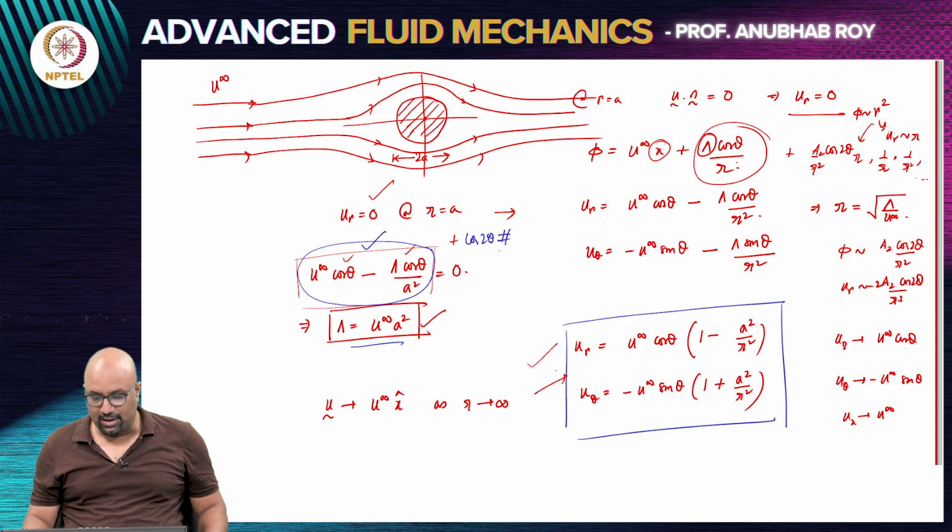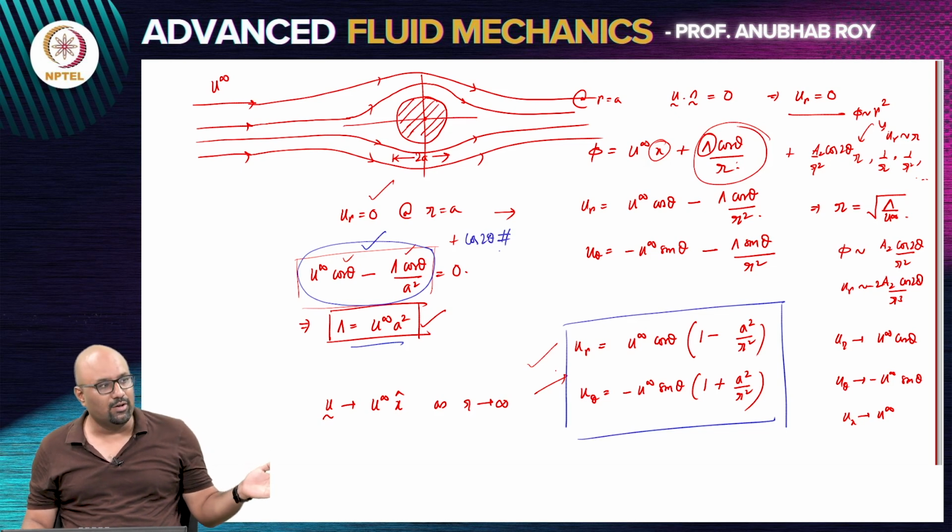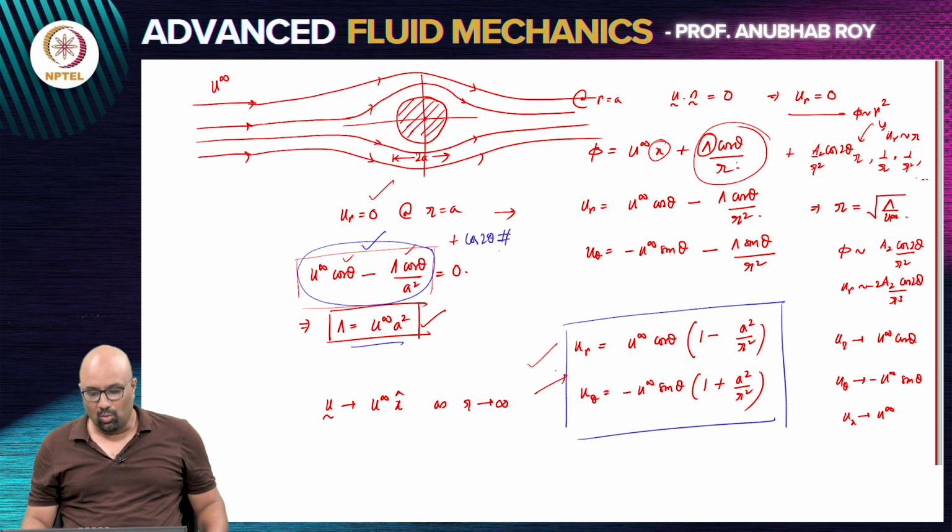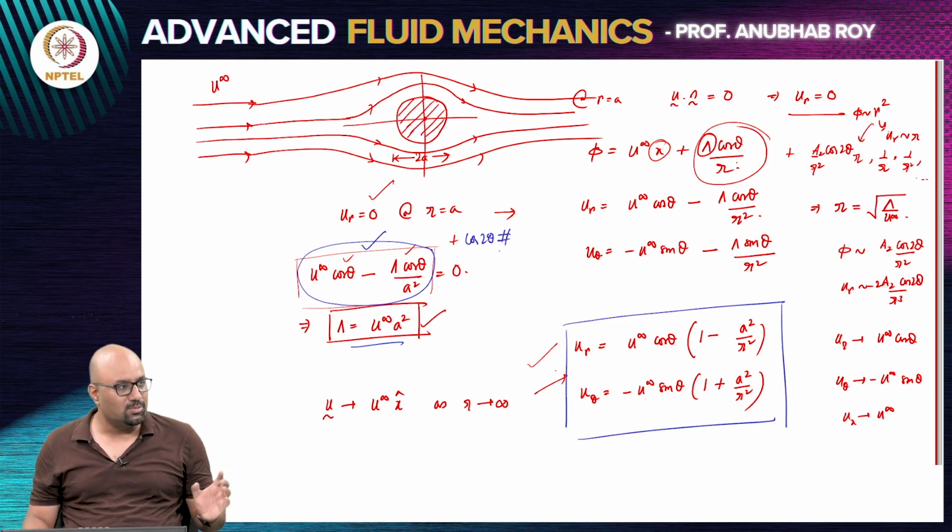The velocity field that you have given here in terms of r and theta, this is a velocity field you would observe if you were an observer sitting on the cylinder and there was a flow going from left to right. Now what would the flow look like if you were in the lab reference frame and the object was translating? See, the object was not stationary, the object was uniformly translating. How would you go about finding the velocity field?